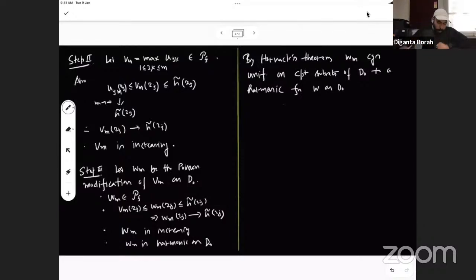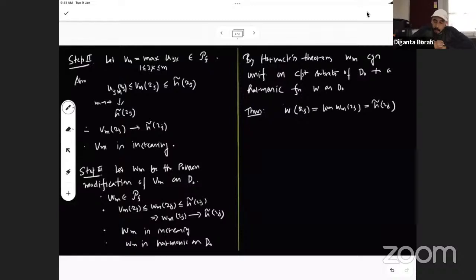Good. So now you see what we have. Thus, I have constructed a harmonic function W on D0. And what are the properties it has? Well, W at Z_k is the limit of Wm of Z_k, but this is also S tilde of Z_k.